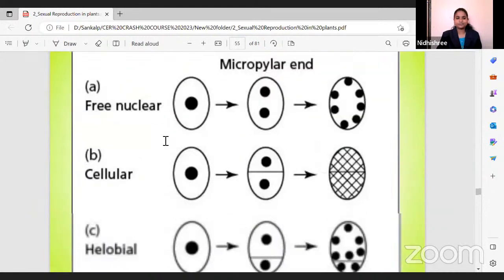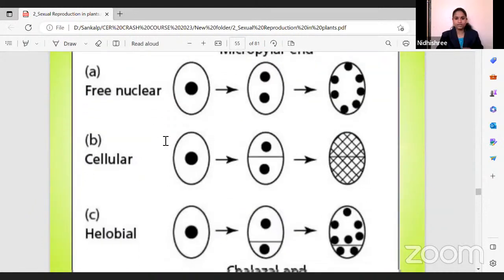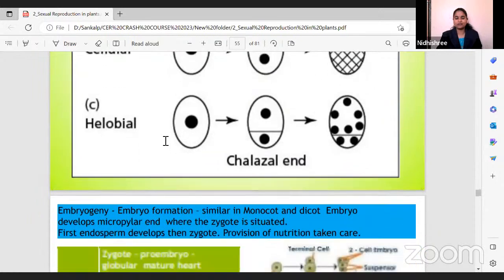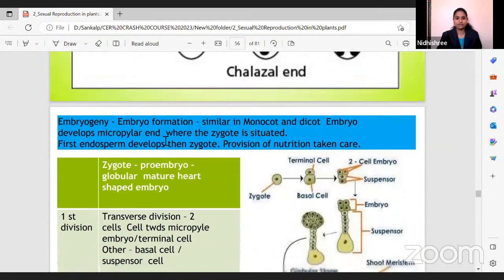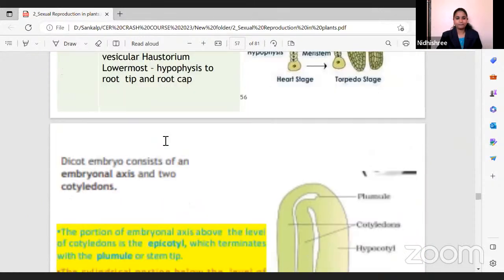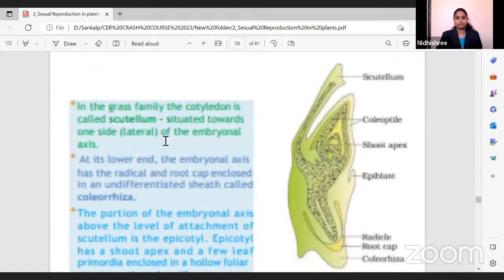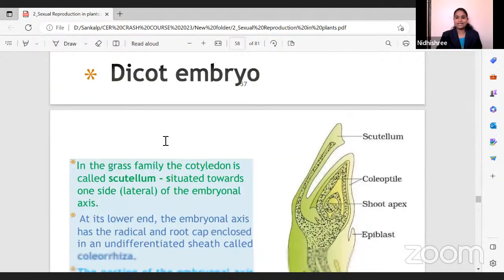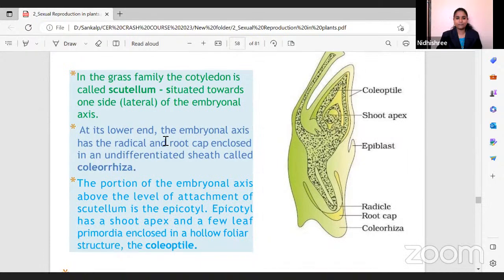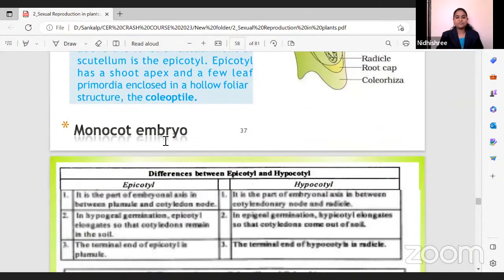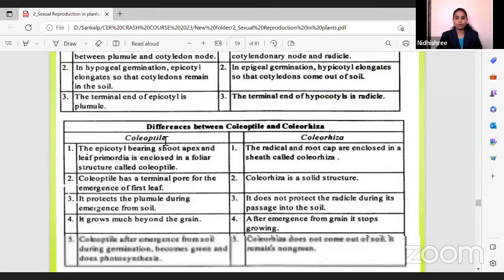Next, cellular, helobial. These are just diagrammatic representations. Then again, dicot embryo and monocot embryo are there. Difference between dicot and monocot embryo.